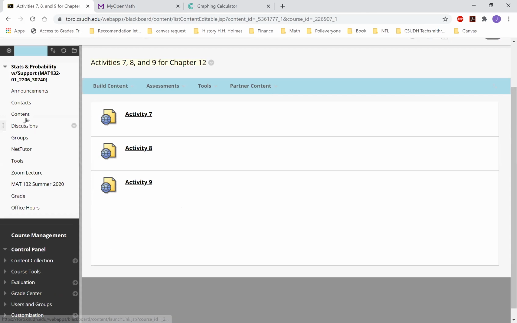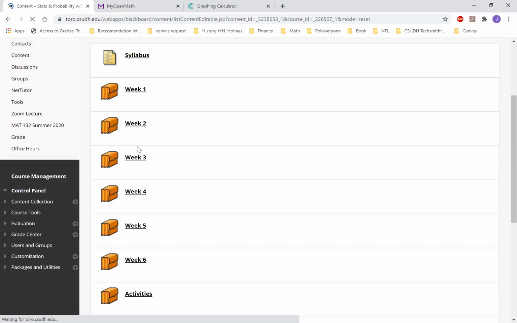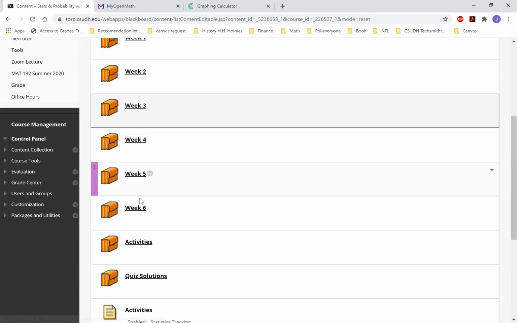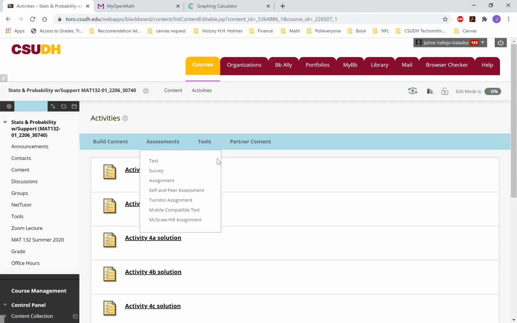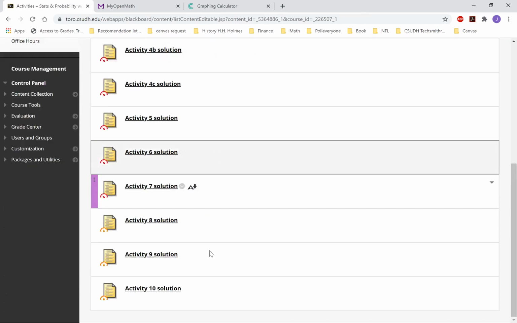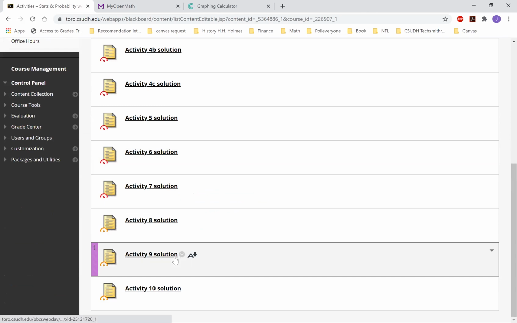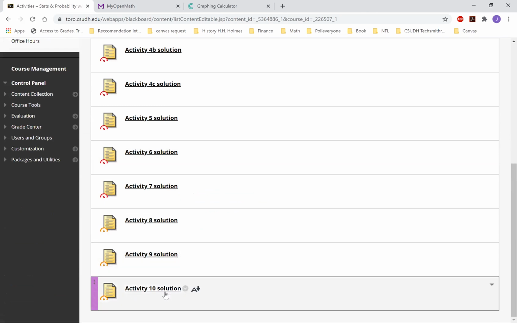Oh, the solution. Let's see, contents. I forgot which one was the last one I answered. It should be under activities. Yeah, if you look right there, I've got activity number 9 solution and activity number 10 solution there. So all of that is there.